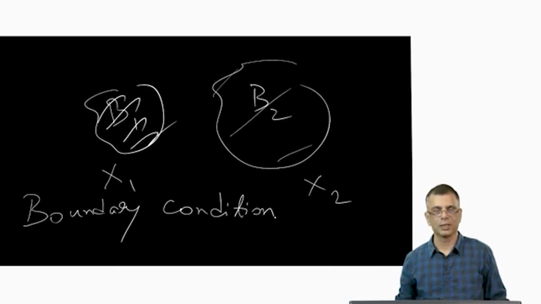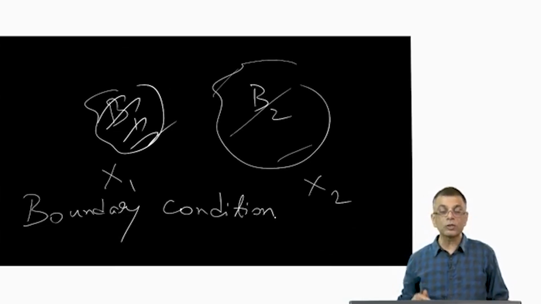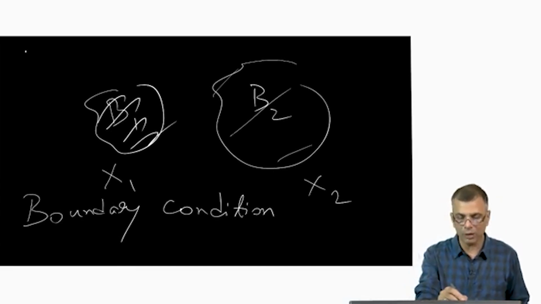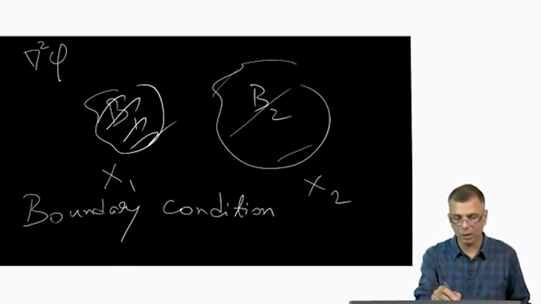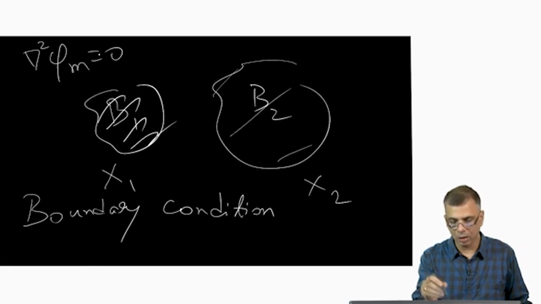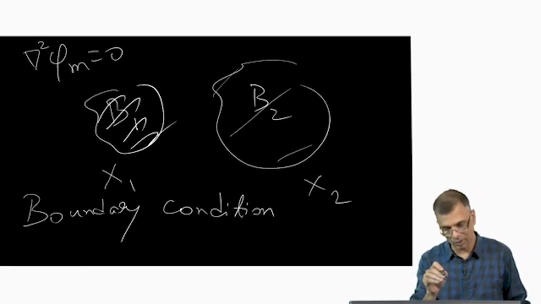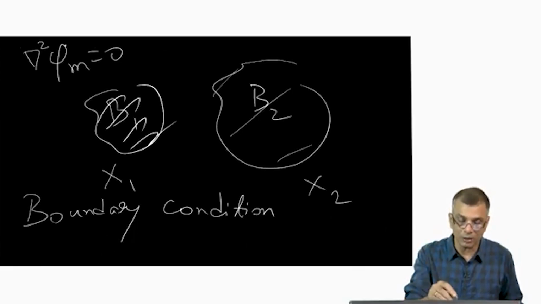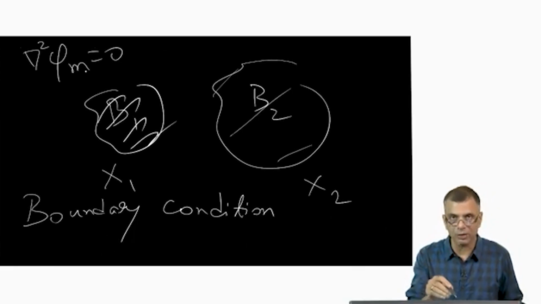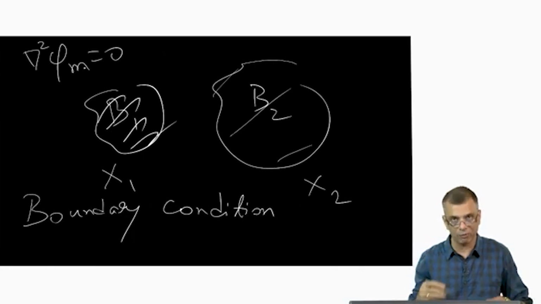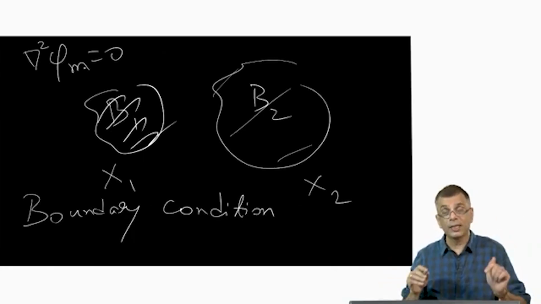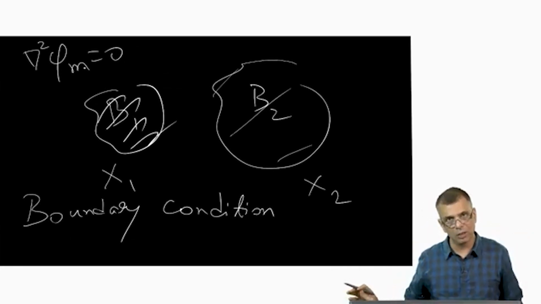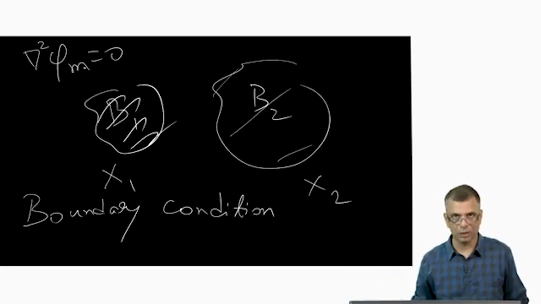This is the question. Now, it turns out that if you solve for a potential field, if you solve the equation with these boundary conditions, for the same boundary conditions, then the solution that this phi and the magnetic field solution that this phi m will eventually give you is the one that will have the minimum possible energy of any solution.